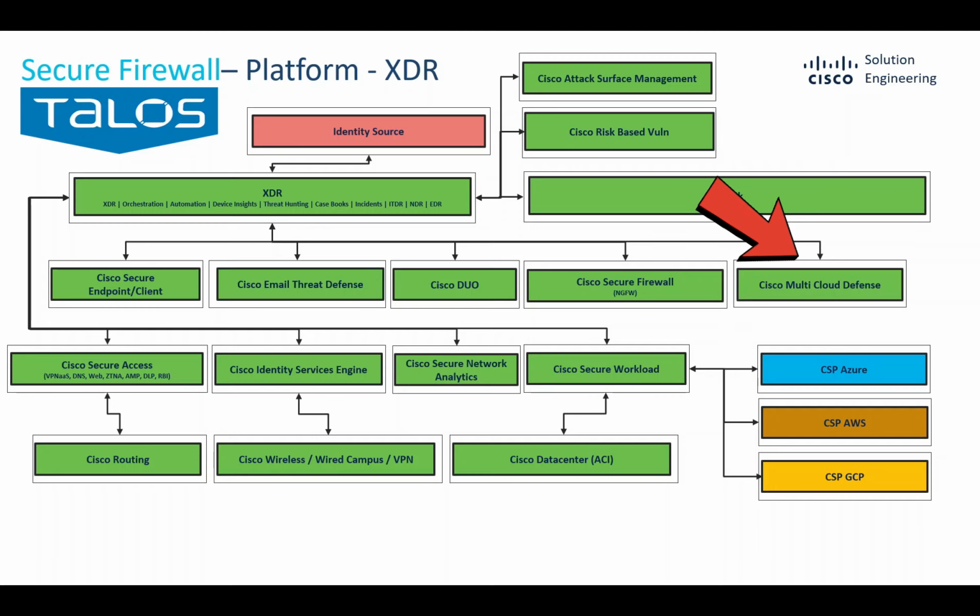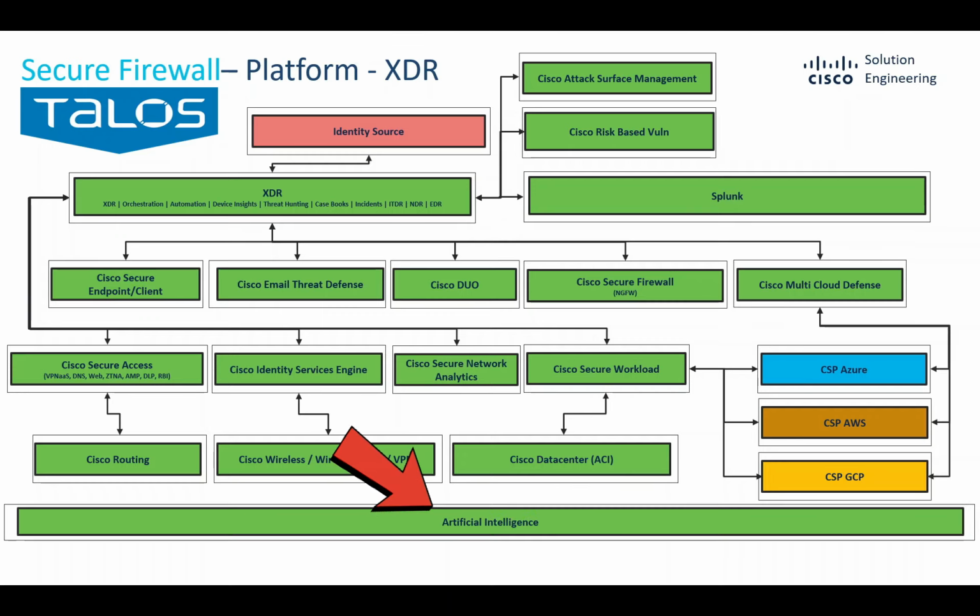You've got multi-cloud defense providing a PaaS solution for advanced firewall functions within your hyperscalers. So being able to provide things like DLP, intrusion prevention, web application firewall, ingress, egress, east-west based controls by unifying it across all the multi-cloud environments without the complexity. And then finally, we've got artificial intelligence as we start leveraging things like Cisco Security Cloud Control.